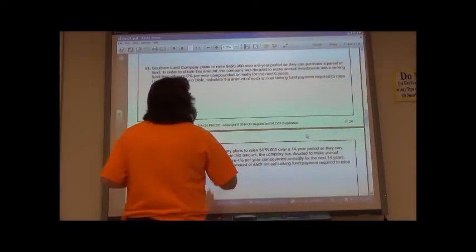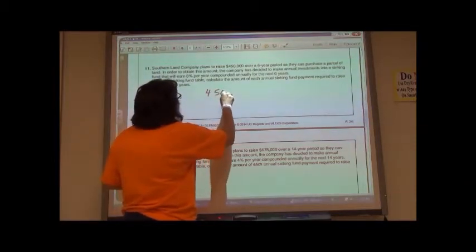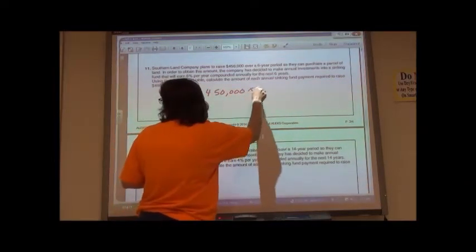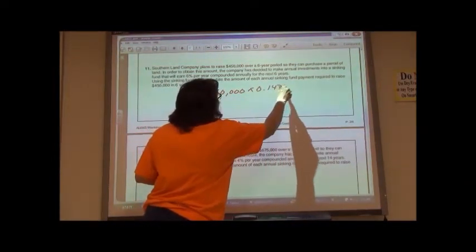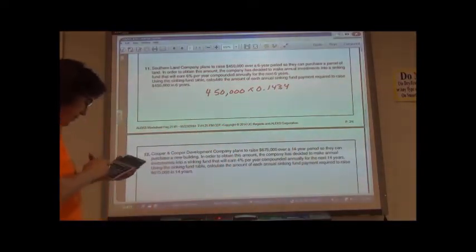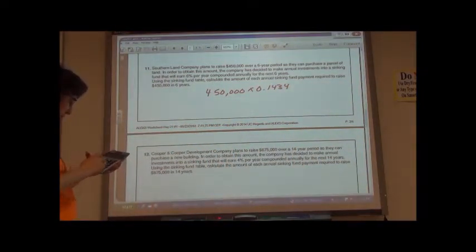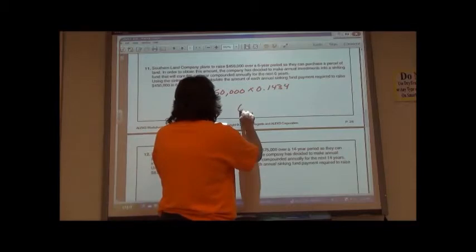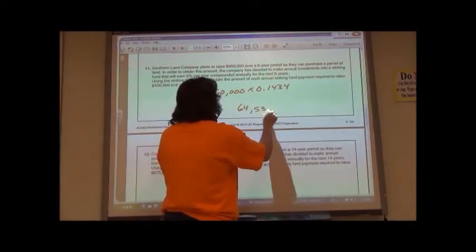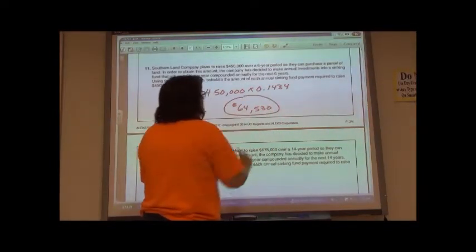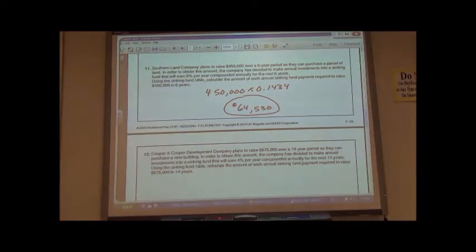So in this case, I'm going to take my 450,000 times 0.1434, which means I'm going to have $64,530 that I would have to invest each year for 6 years in order to end up raising $450,000.